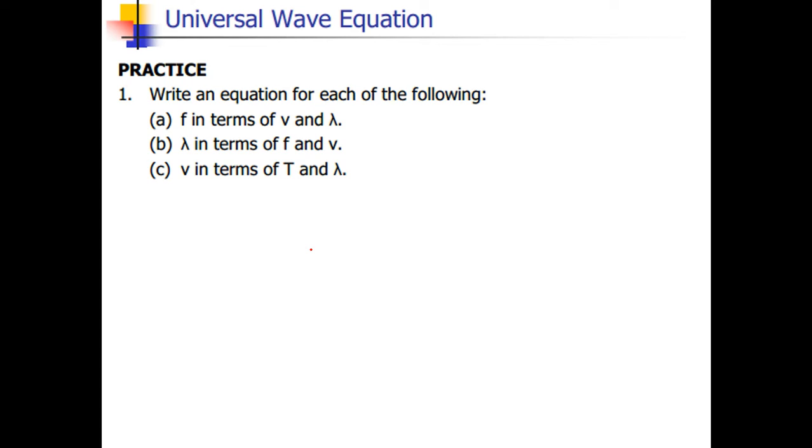Here it says write an equation for each of the following. If we're isolating for f in terms of v and wavelength, we're basically just rearranging the equation. If you want to write these on your formula sheet so that you don't have to rearrange them on the fly, to save you time, write them in. Frequency is equal to speed divided by wavelength. Wavelength is equal to speed divided by frequency.